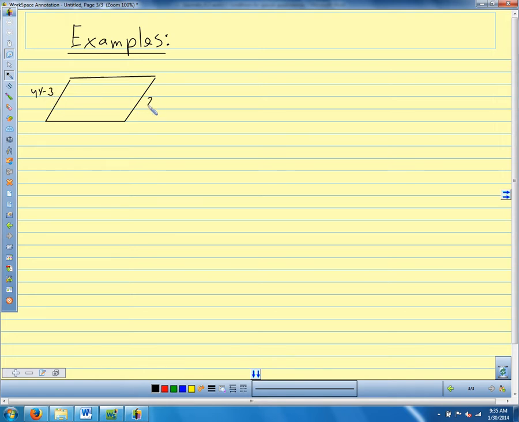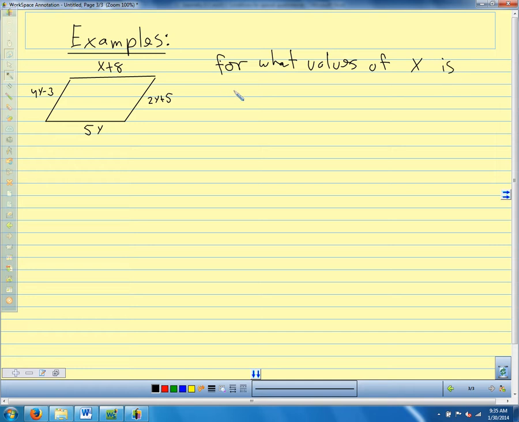This is 2y plus 5. This is 5y. And this is x plus 8. And this question says, for what values of x is this a parallelogram?